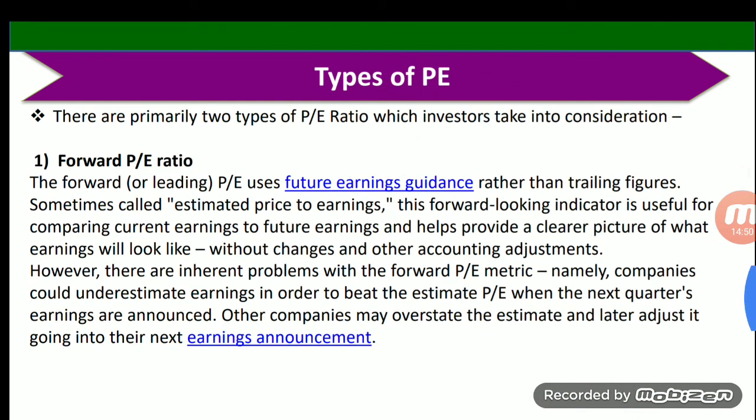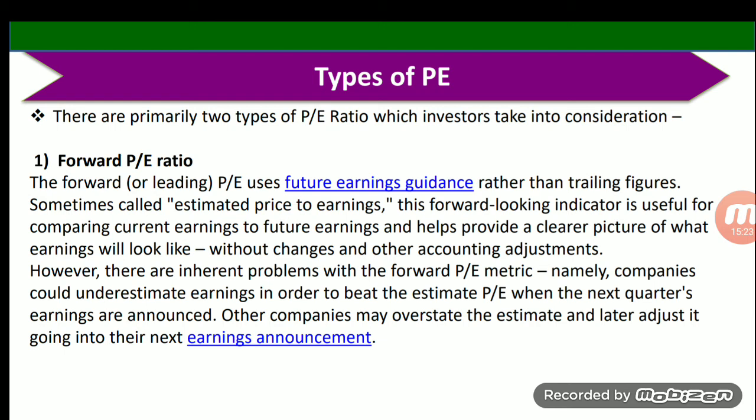What are the types of P ratio? There are primarily two types of P ratio which investors take into consideration. Number one is the forward P ratio. Forward P ratio uses future earning guidance rather than trailing figures. Trailing figures means historical, past figures, and forward P ratio considers the future earning guidance rather than the trailing figures.